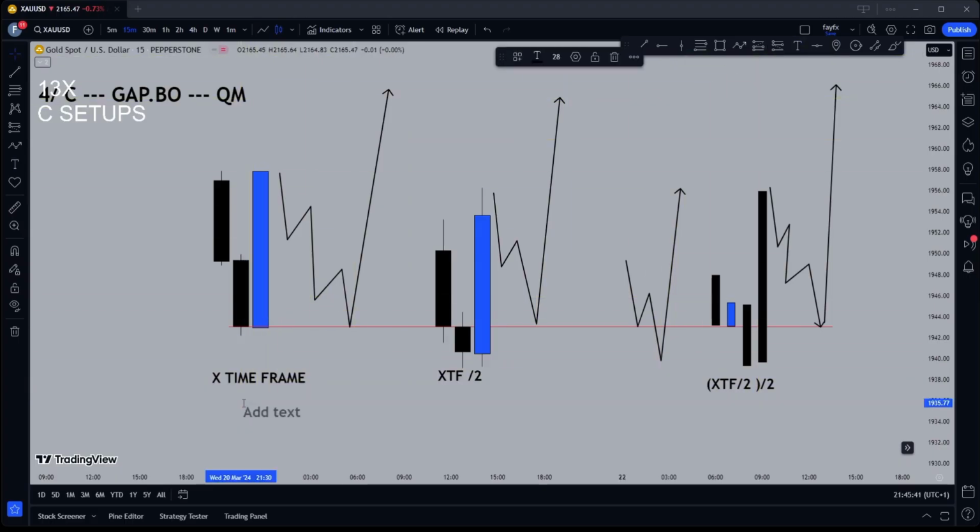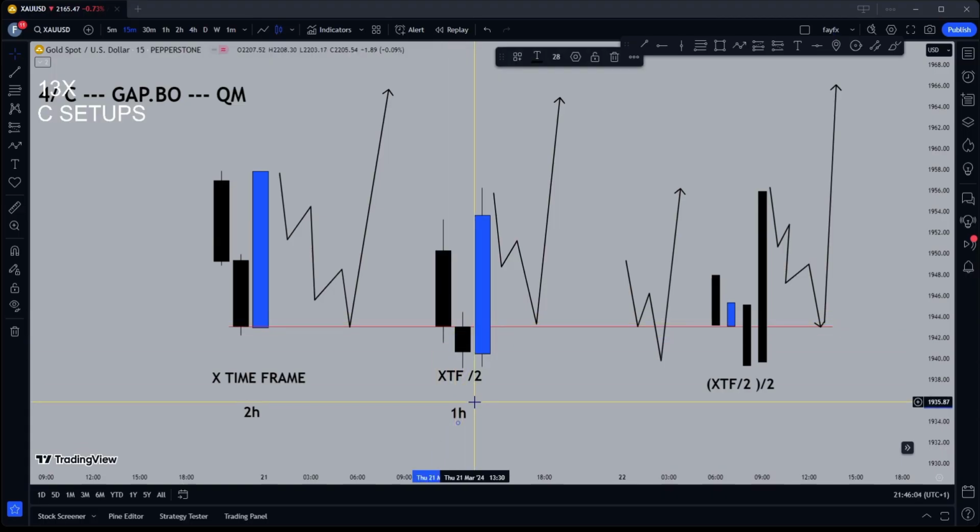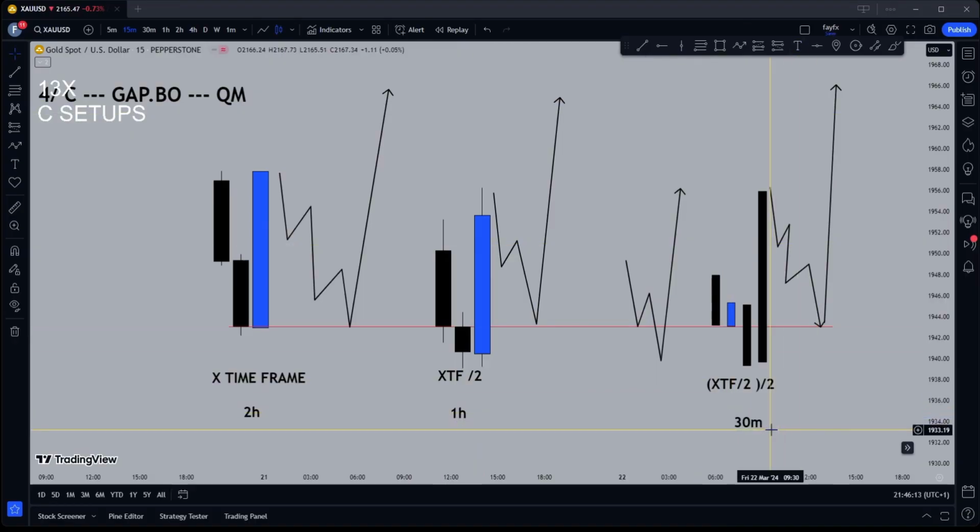Imagine here it's a 2-hour time frame. Here, when we go to one time frame lower, we'll find a gap breakout. One time frame lower is 1 hour. At 1 hour, when we find a gap breakout, one time frame lower than this is 30 minutes. At 30 minutes, we will find a QM.